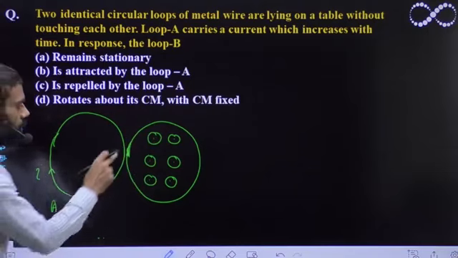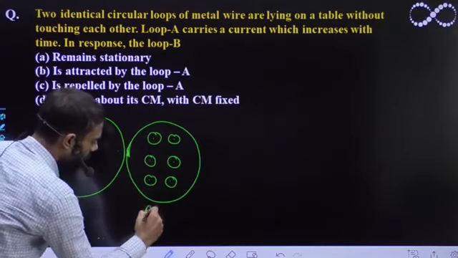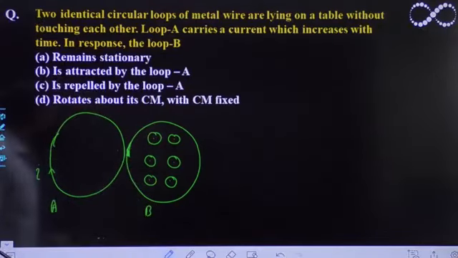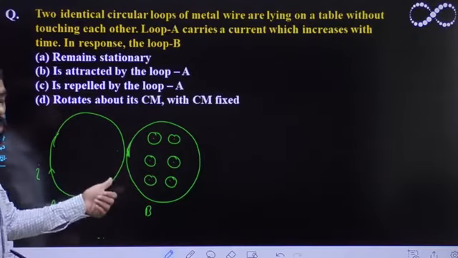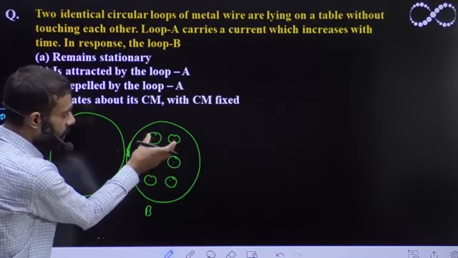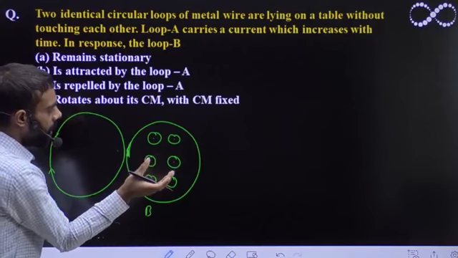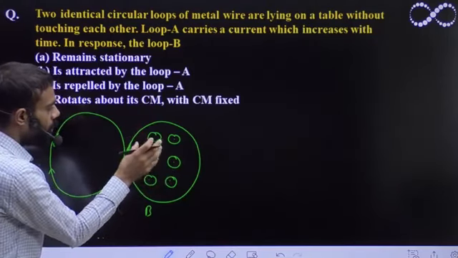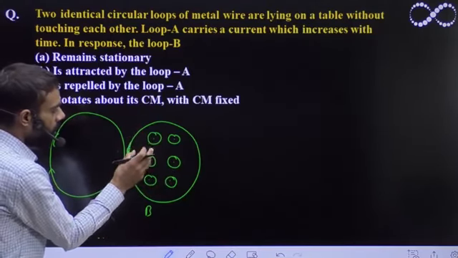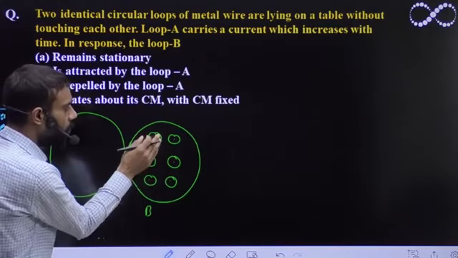So this loop B will oppose the increasing magnetic field by inducing an EMF, or we can say current. Since the field is out of the plane of paper and it has to oppose, the induced magnetic field due to the induced current must be into the plane of paper.